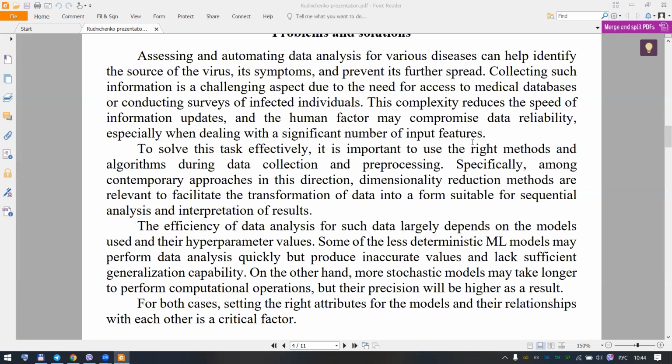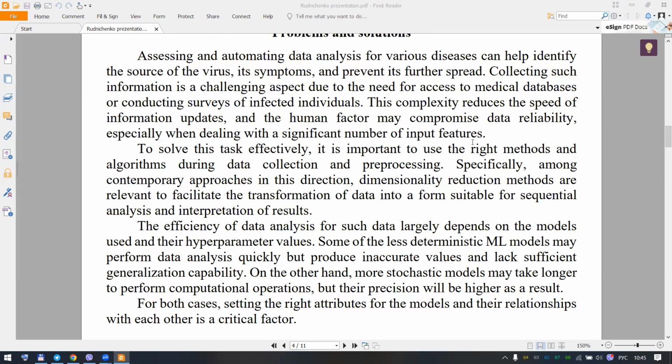To solve this task efficiently, it might be proposed that it's important to use the right methods and algorithms during data collection and pre-processing, including machine learning. Specifically, among contemporary approaches in this direction, dimensionality reduction methods such as PCA are relevant to facilitate the transformation of data into a form suitable for sequential analysis and interpretation of results.